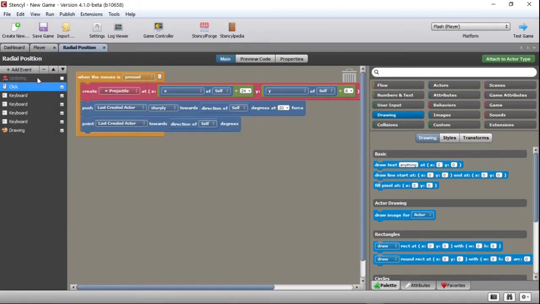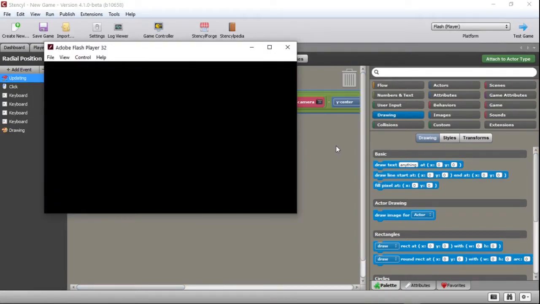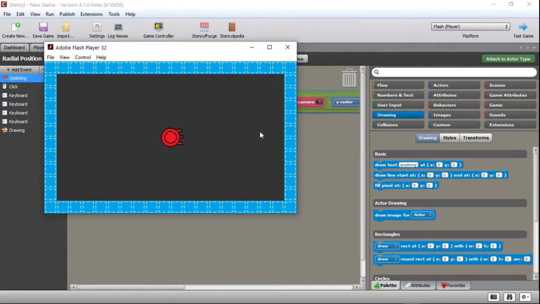But for rotating actors, you end up getting this. The actor may be rotating, but its X and Y positions plus the offsets are still the same.